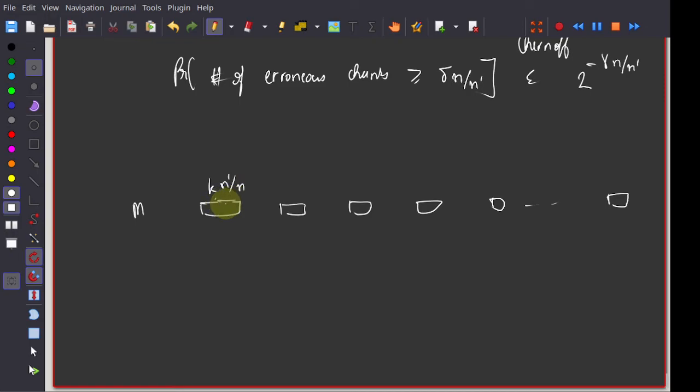The total number of chunks is n over n prime. So I'm splitting the k-bit message into chunks of size k n prime by n each, and suppose that I encode each of these using the capacity achieving code of block length n prime.